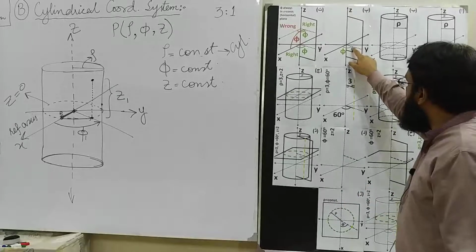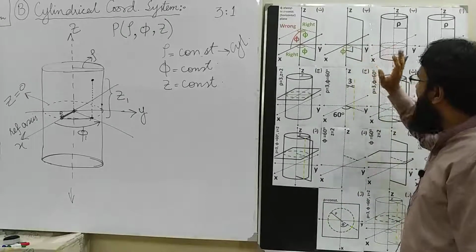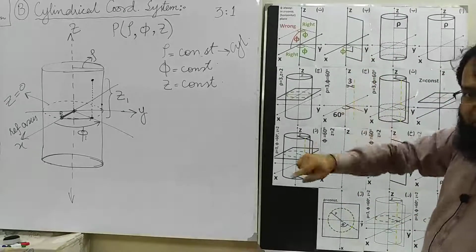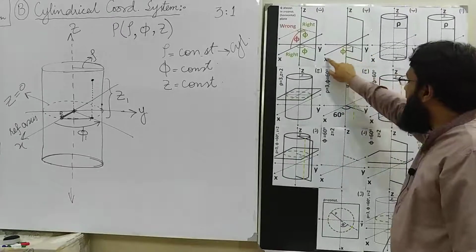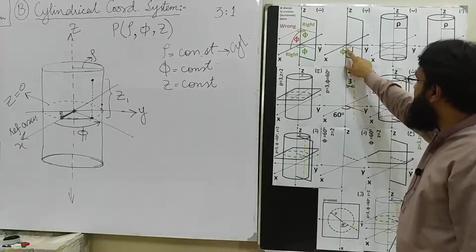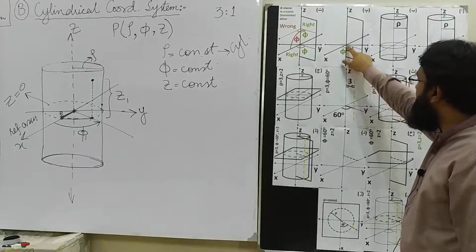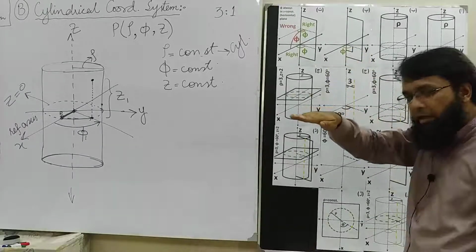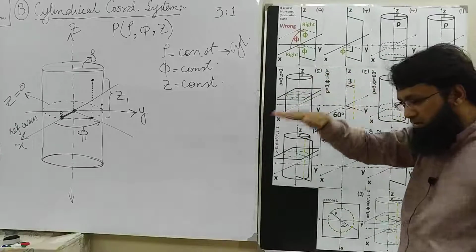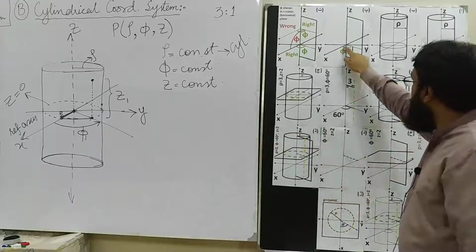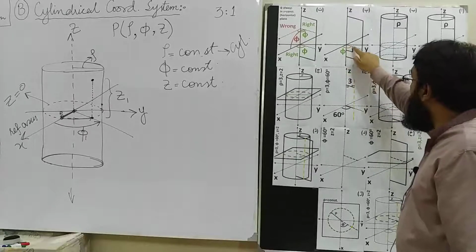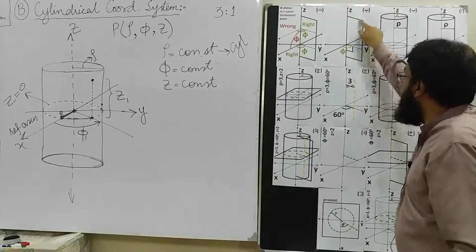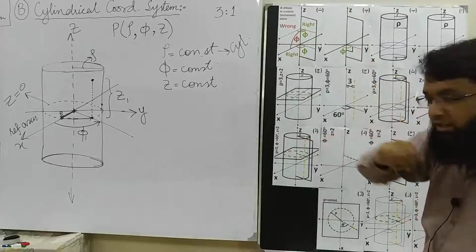So the right way to measure the angle of a plane with respect to the x-axis is to measure it on the same plane. If the x-axis is on the z equals 0 plane, then you should measure this angle on any line on this phi equals constant surface which is on the z equals 0 plane.